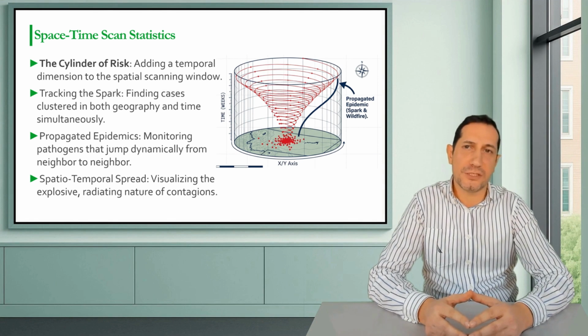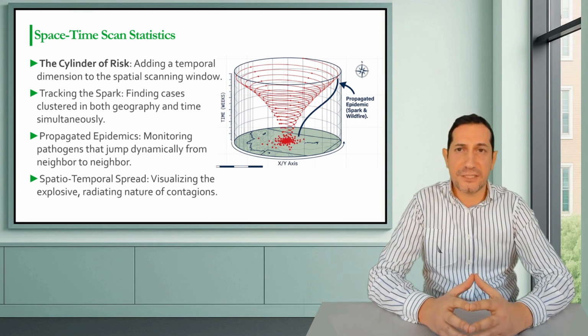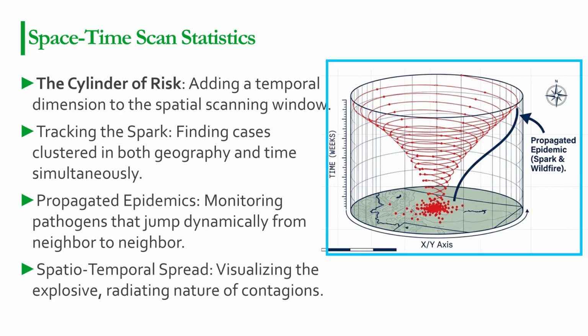To capture this, we use the space-time scan statistic. Imagine taking the spatial scanning window and adding height so it becomes a three-dimensional cylinder. The base of the cylinder is the geographic area and the height represents time, such as days, weeks, or months.